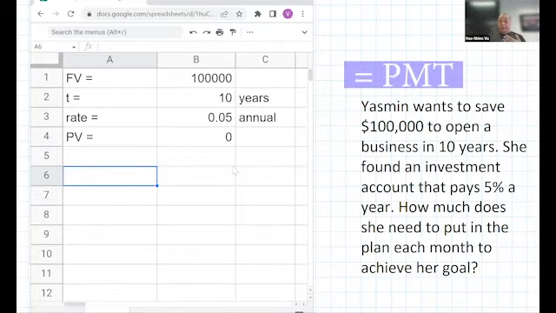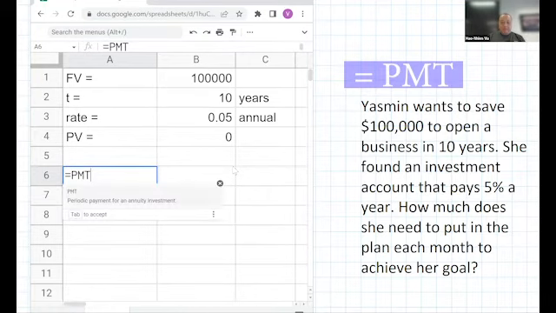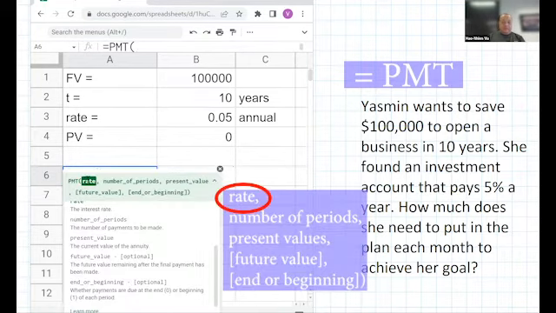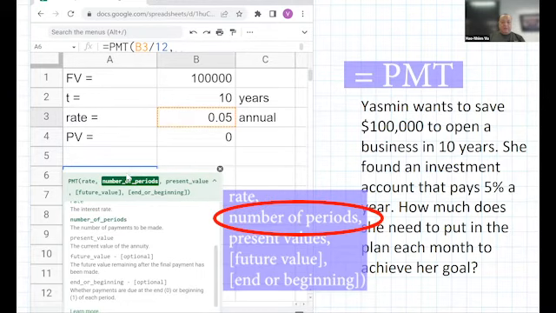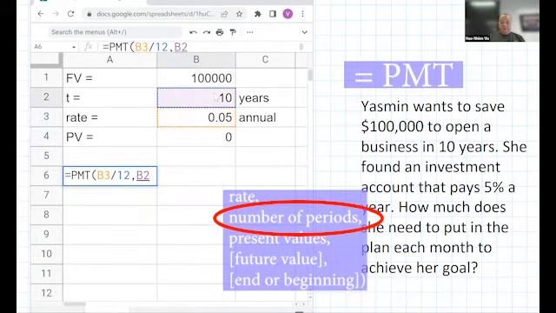So again, in order to get Google Sheets and Excel to start calculating, we need to type the equal sign, PMT, parentheses. The first piece of information is the rate, which is this, divide by 12, comma, number of periods is 10 years, but that's years.